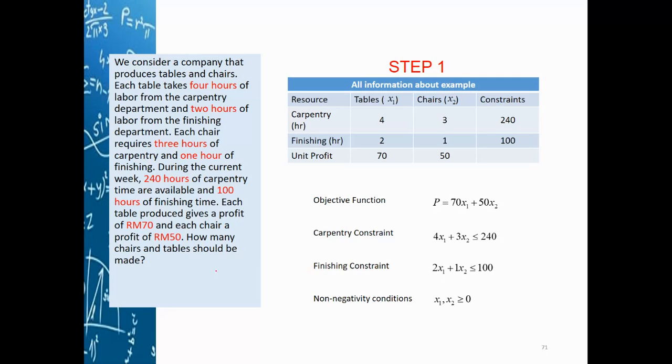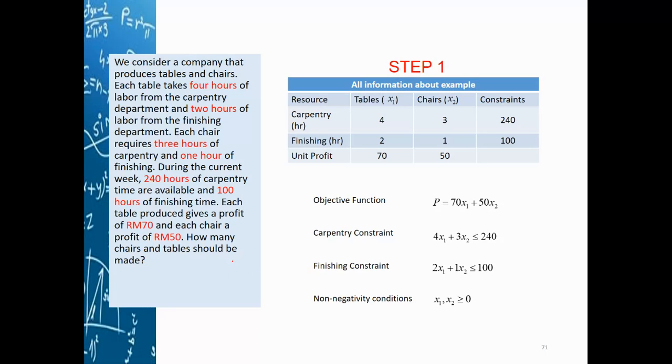The numbers are actually the coefficients for all your variables involved. For example, 4 hours of labor from the carpentry department, and then 2 hours from the finishing department, and so on. The red color sentences are all that you need to consider.